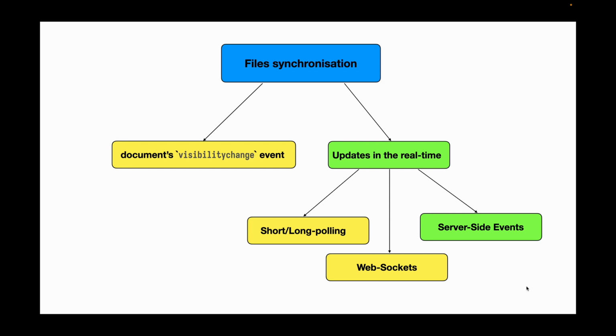So let's see how it will work in practice. In this diagram, the first instance, where there is another tab, device, or browser, sends the file to the server. The server saves it to the storage and then sends server events to all subscribers.